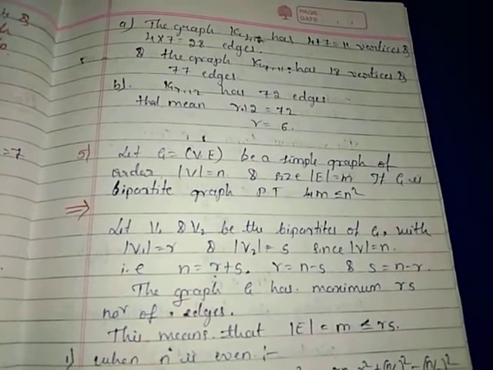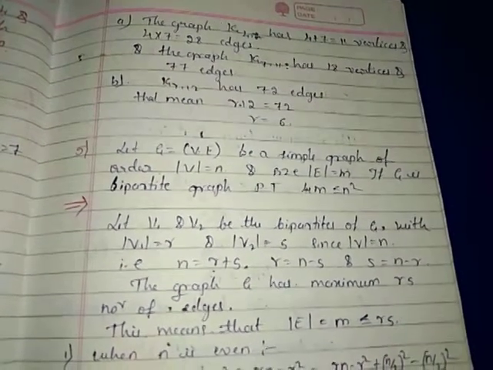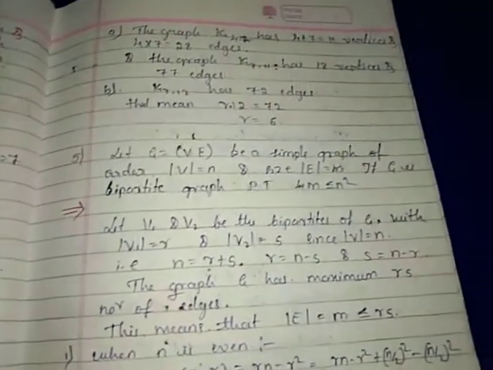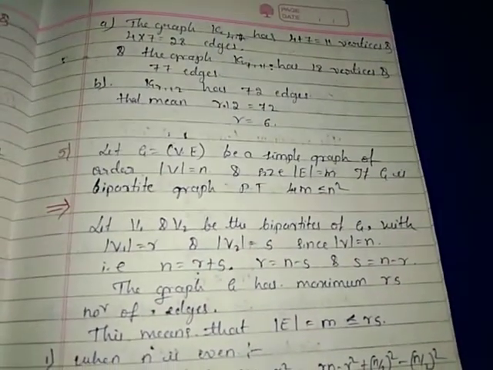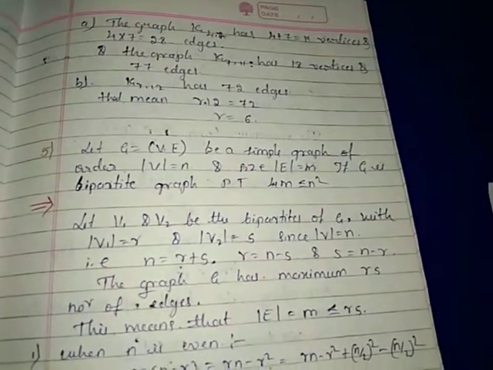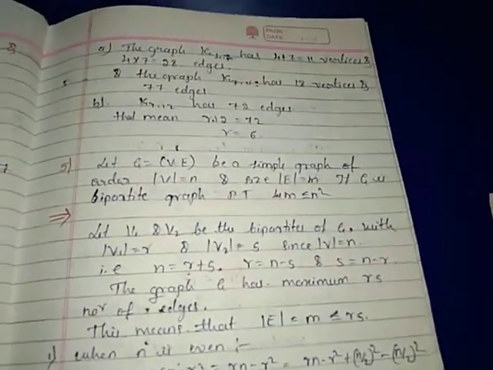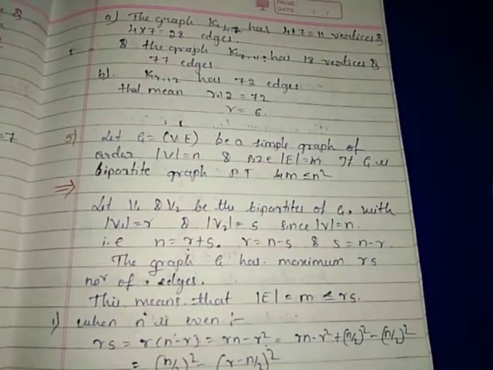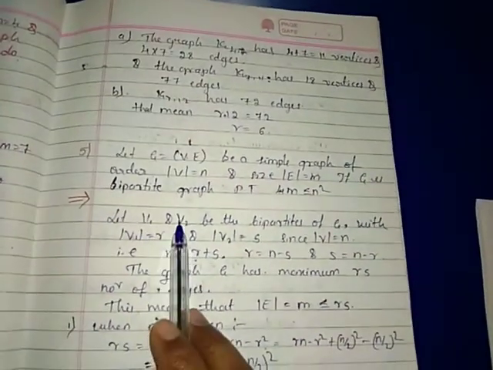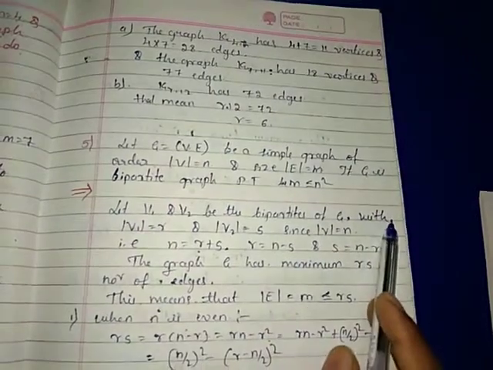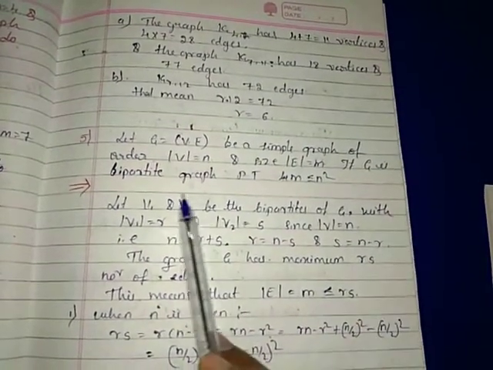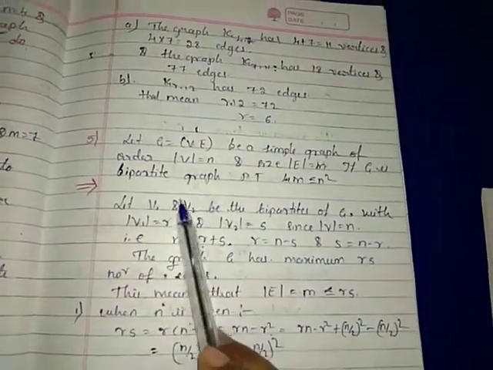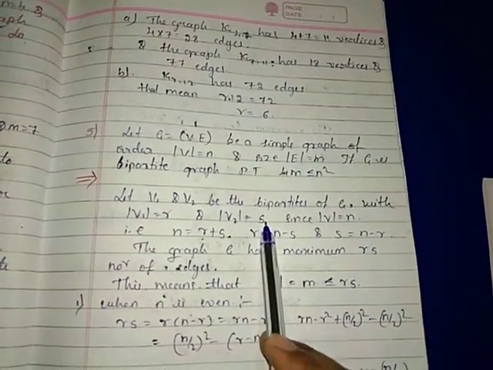If G is a bipartite graph, prove that 4m is less than or equal to n squared, where m is the number of edges and n is the number of vertices, or simply called order and size here. Suppose V1 and V2 are the bipartites of the graph G. Then the order of V1 is r and the order of V2 is s.